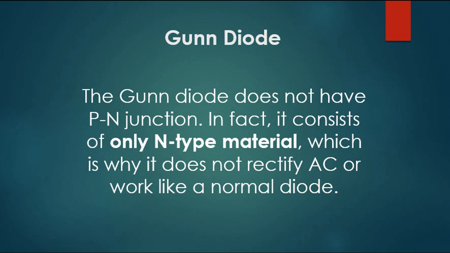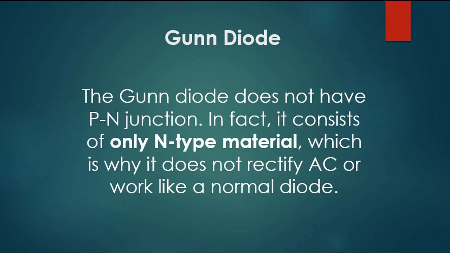The Gunn diode does not have a PN junction. Majority of diodes have a PN junction, which simply means positive and negative. The P stands for positive, the N stands for negative. But this Gunn diode does not have any positive junction. It contains only negative junctions. We are going to look at the images and see how it works as well.